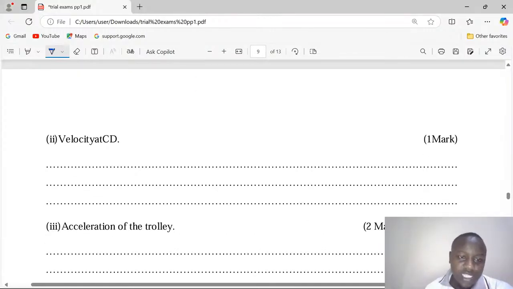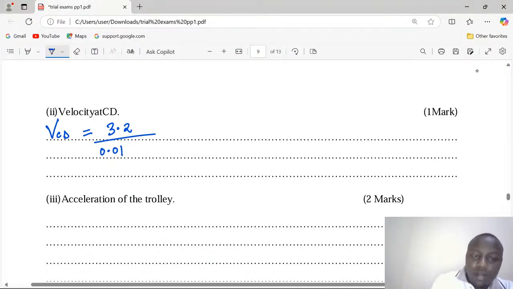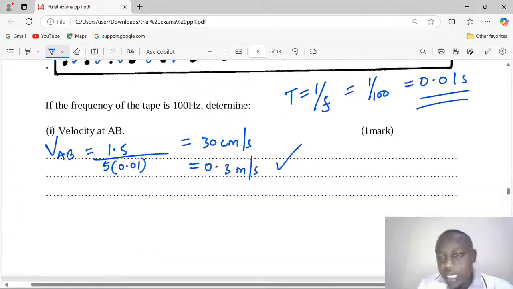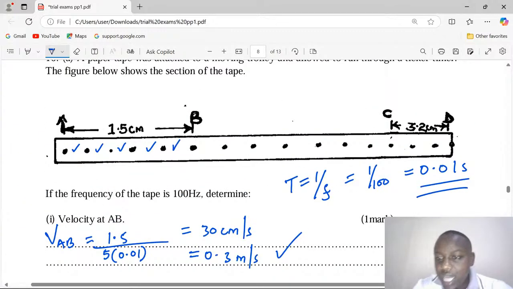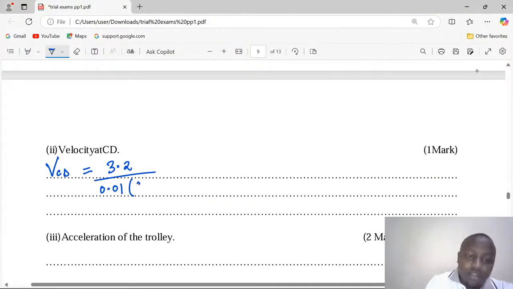Part 2, velocity at CD. The velocity at CD is going to be given by the distance there, 3.2, divided by 0.01 seconds times the number of spaces there. The number of spaces in region CD: I'm only seeing 1, 2, 3. So there are 3 spaces.